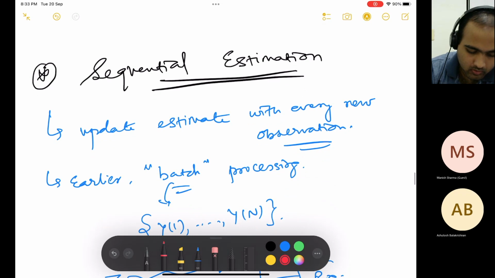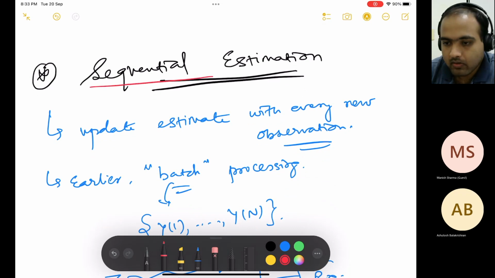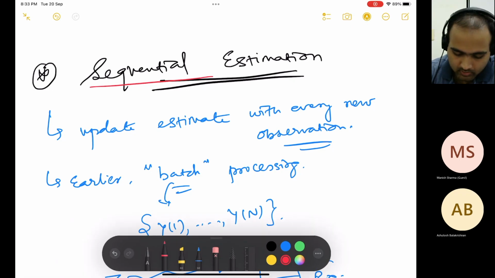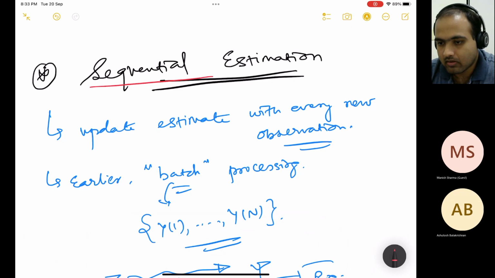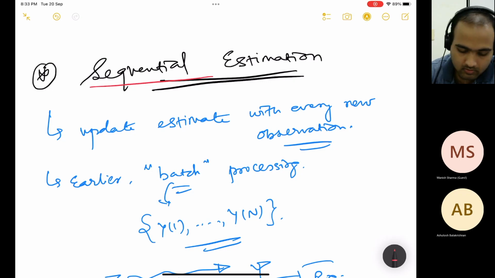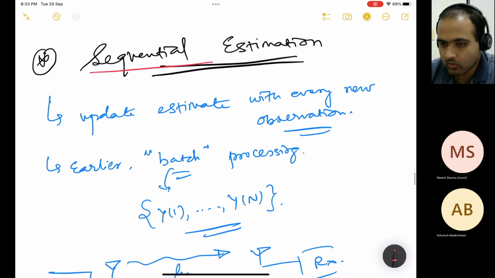Okay, so sequential estimation. What is sequential estimation? So far we have seen that we have a batch of data y1 to yn, and we are trying to estimate the parameter from a batch of data, right? At every time instant, do we need to process a batch of data? We don't need to do that.